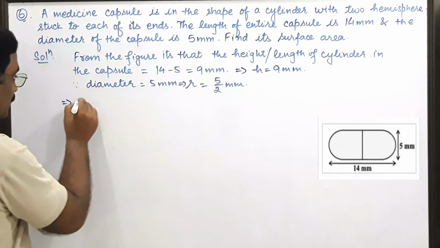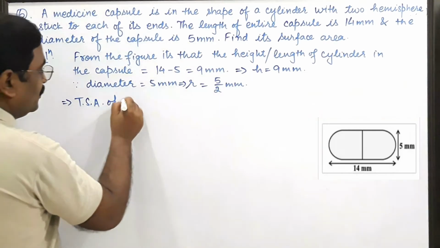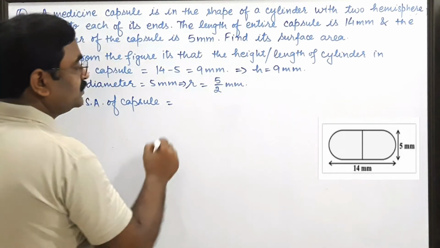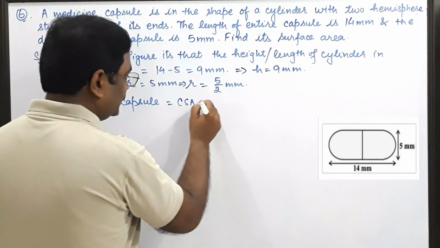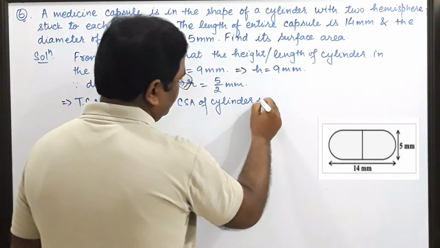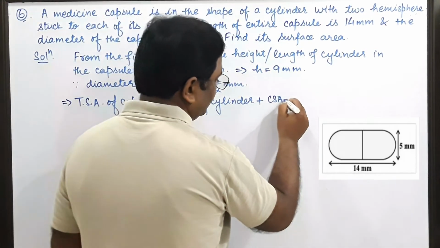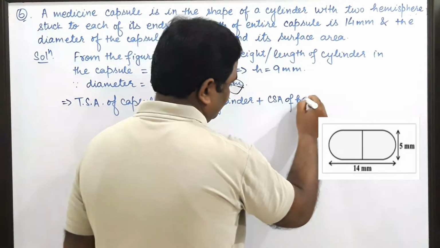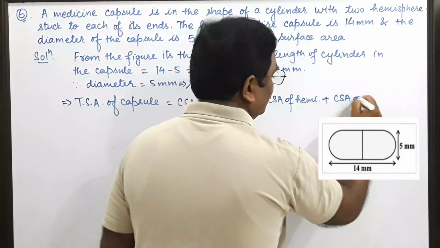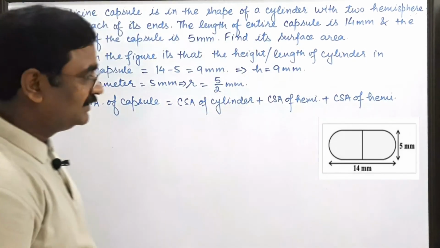So the total surface area of the capsule is equal to the curved surface area of the cylinder plus the curved surface area of the hemisphere at the first end and the curved surface area of the hemisphere at the second end, right?